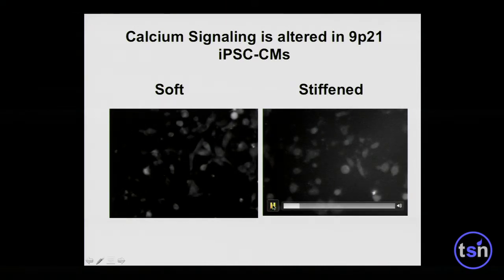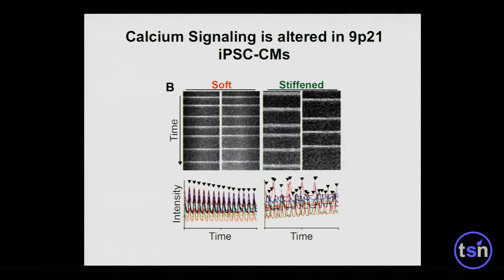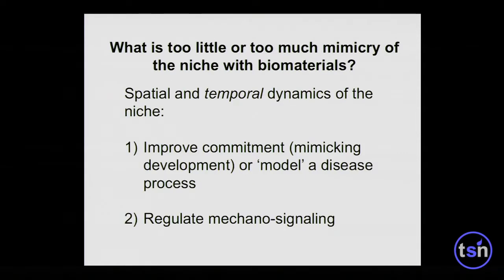If you look in the stiffened environment, which started out soft, we induced hypoxia and then made it stiff, mimicking the time sequence you would see in ventricular remodeling in vivo, it looks like a Christmas tree. The stiffened cells flicker on and off in an uncoordinated fashion, whereas in the softer environments that stay soft forever, you see a very nice regular pattern of beating.